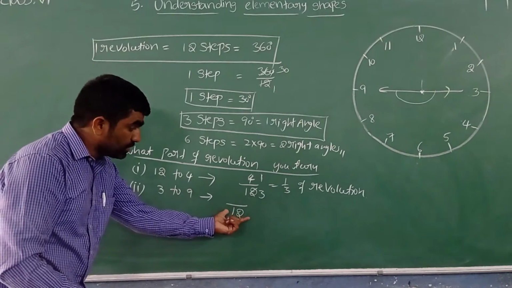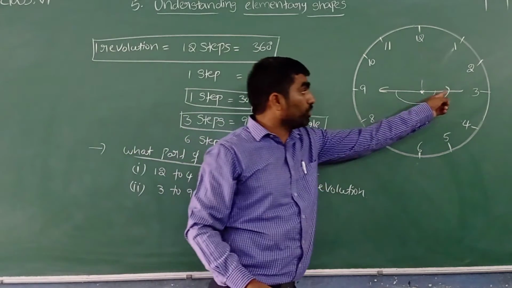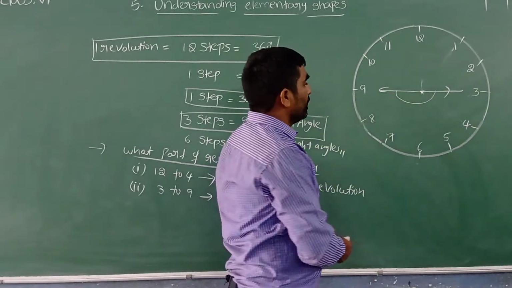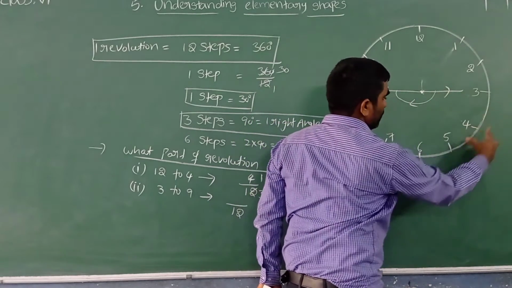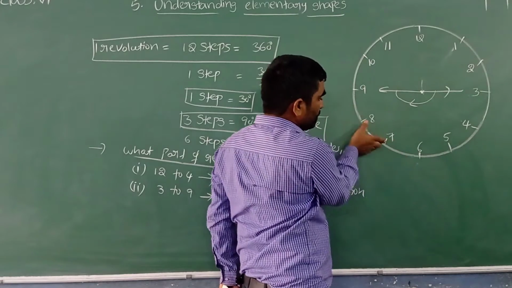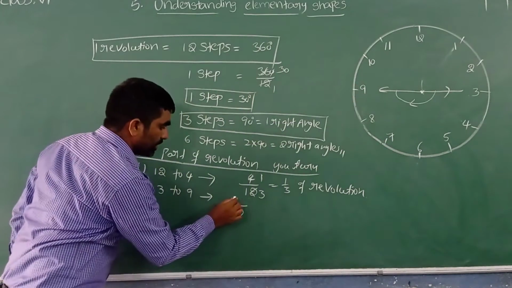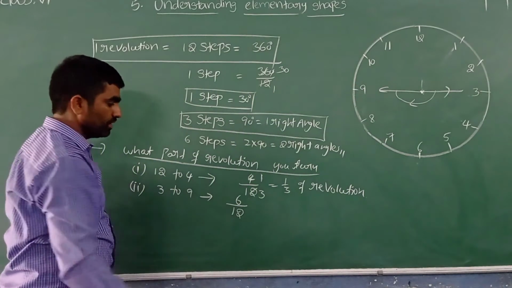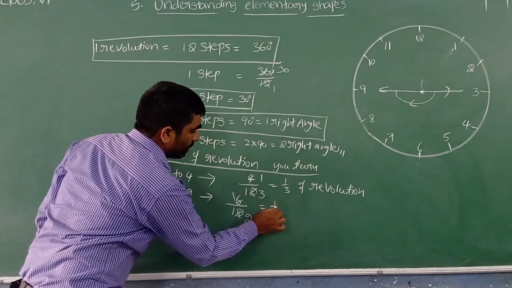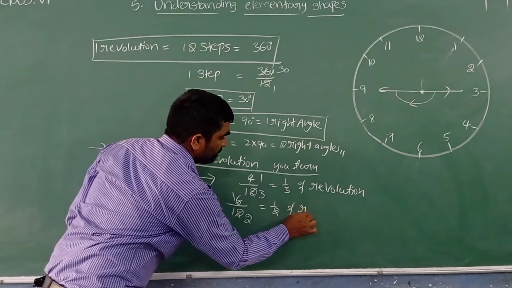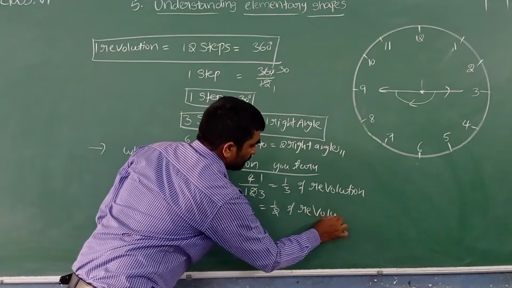Out of 12 steps, when I turn from 3 to 9 clockwise, we cover 1, 2, 3, 4, 5, 6. We completed 6 steps. 6 1s are 6, 6 2s are 12, which is equal to 1 by 2. Yes, we completed a half revolution.